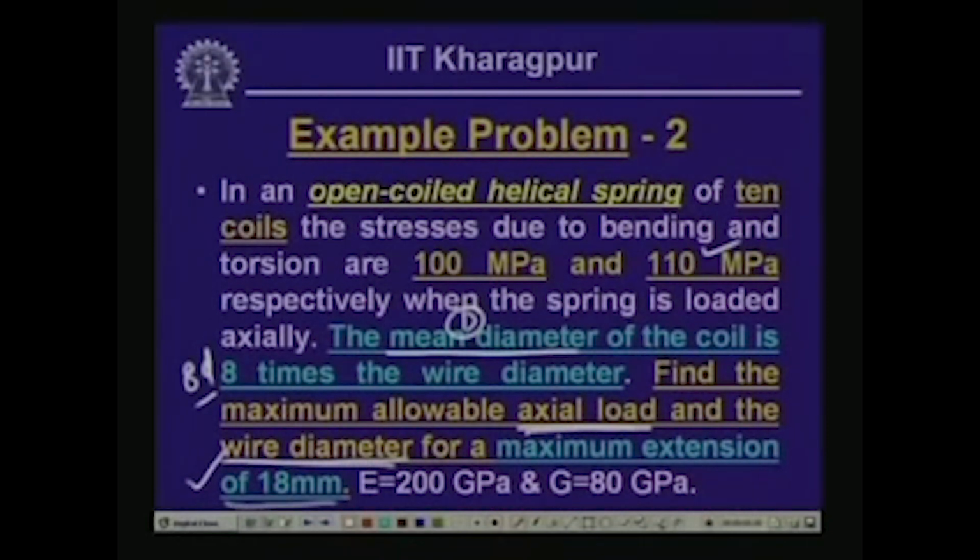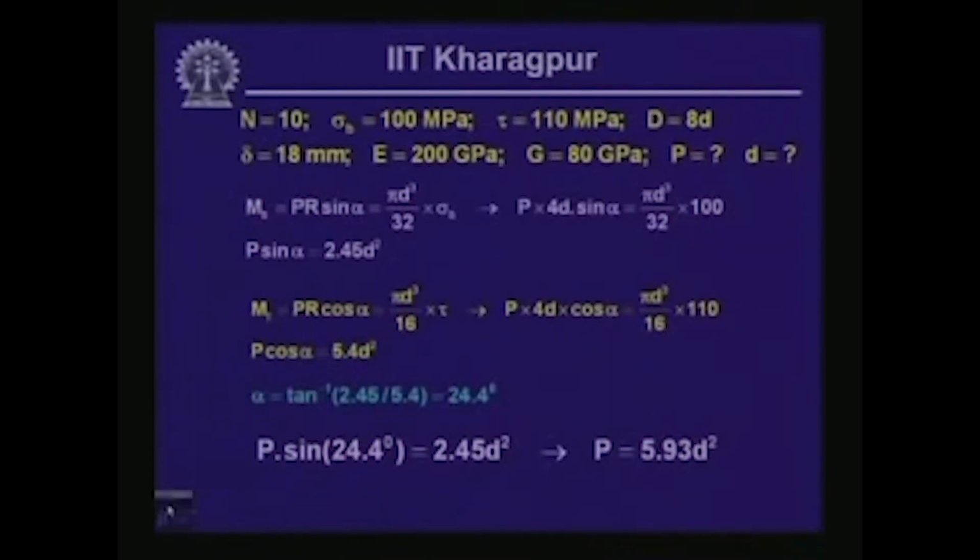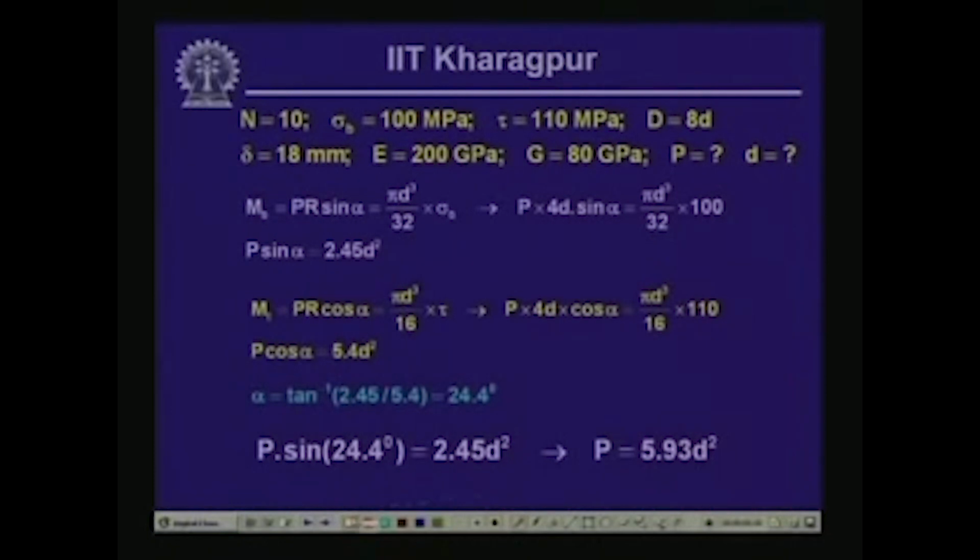The value of delta is given. You will have to find out capital P and small d. The values of E and G are given as 200 gigapascal and 80 gigapascal. The number of coils is 10. The permissible bending stress is 100 MPa, that means the normal stress generated because of the bending.